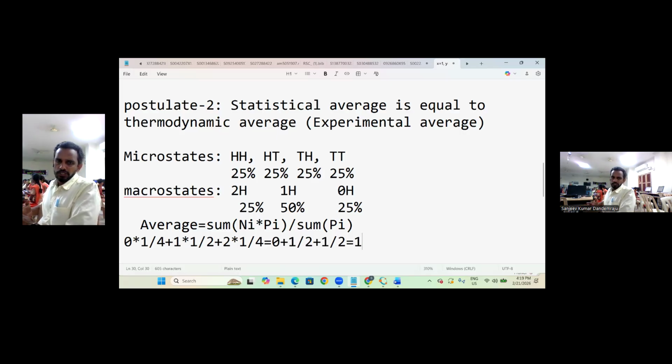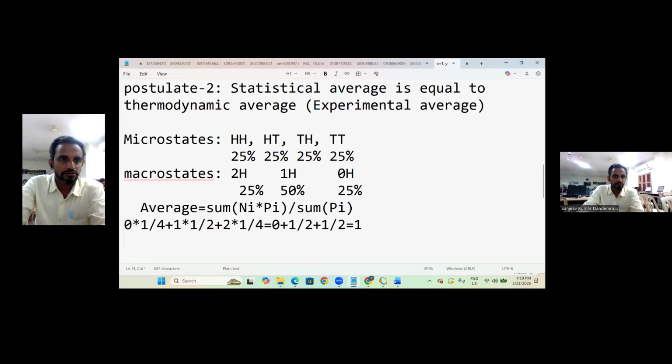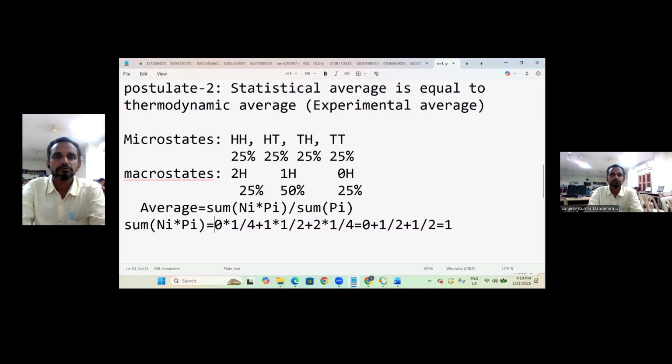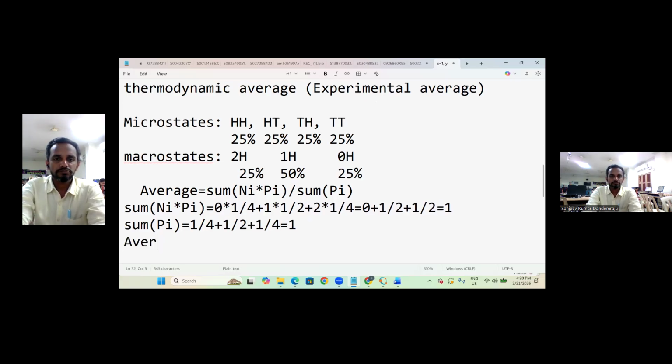And the sum over pi is 1. So the average is 1.